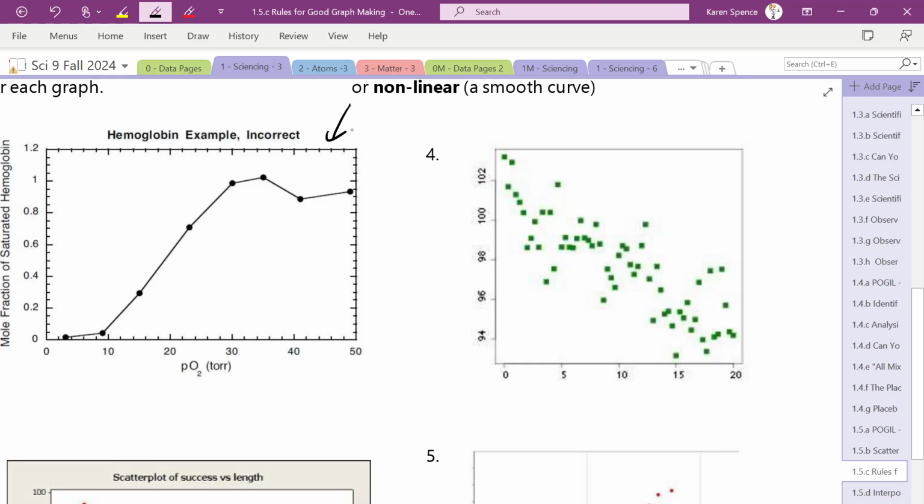Yes? It could be exponential. Okay. I'm looking at it and I'm like, it goes slow and then it goes fast and then it goes slow. I'm thinking that's one of those weird sigmoidal ones. Okay. I'm not going to give you one like that on a test because that one's a hard one.